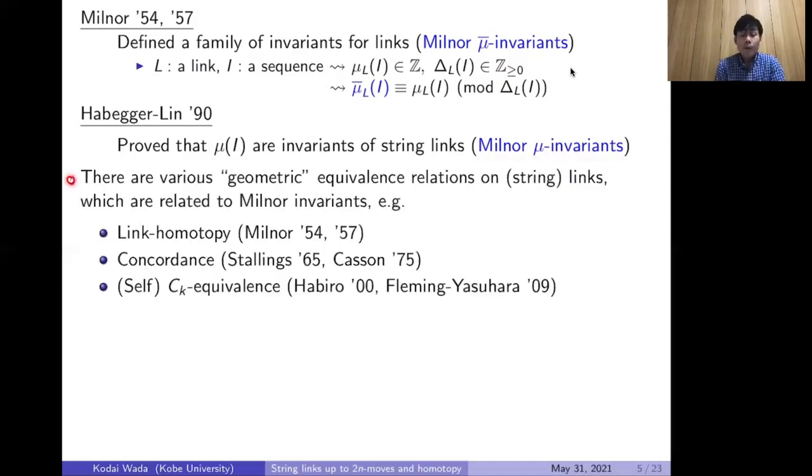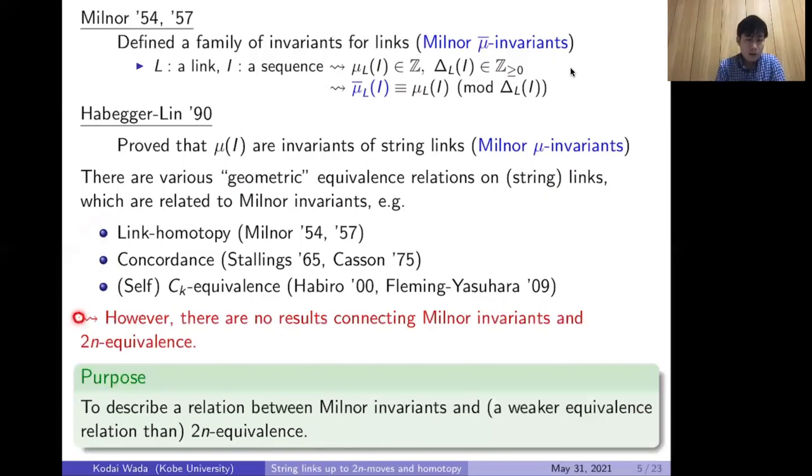There are various geometric equivalence relations on links or string links, which are related to Milnor invariants. For example, link-homotopy, concordance, and CK equivalence. Both Milnor invariants and 2n-equivalence are well studied in knot theory.